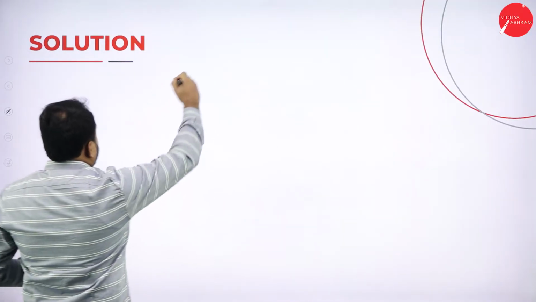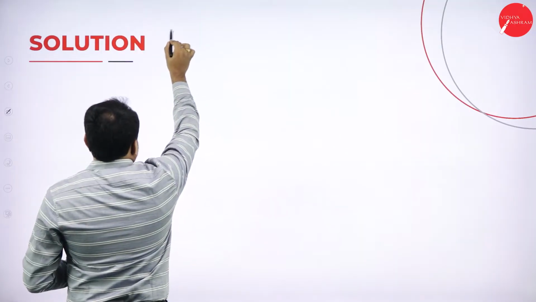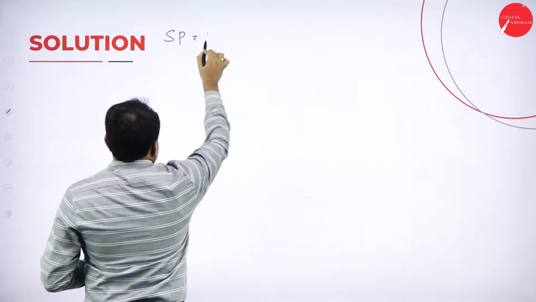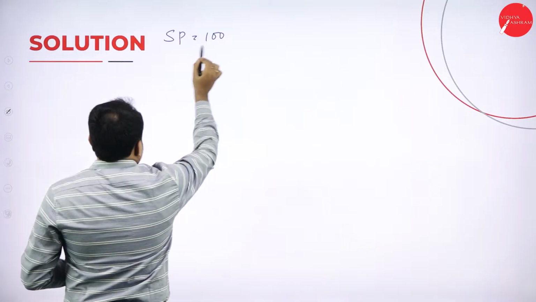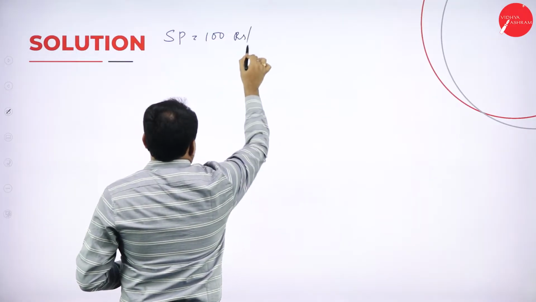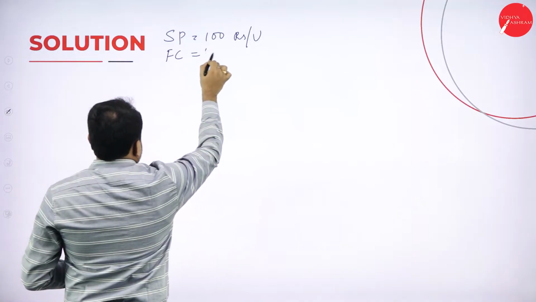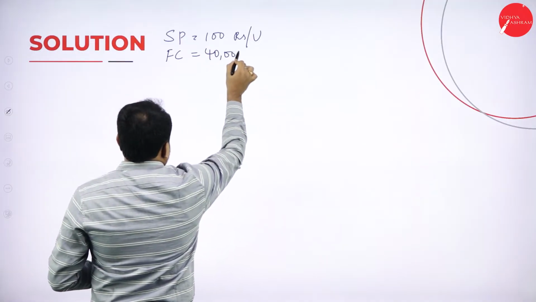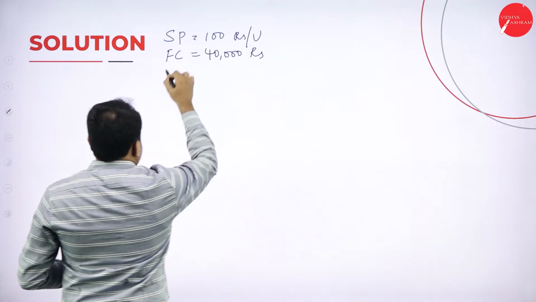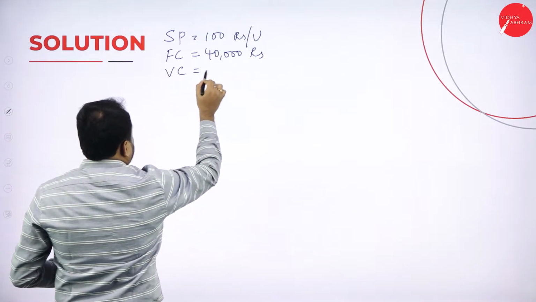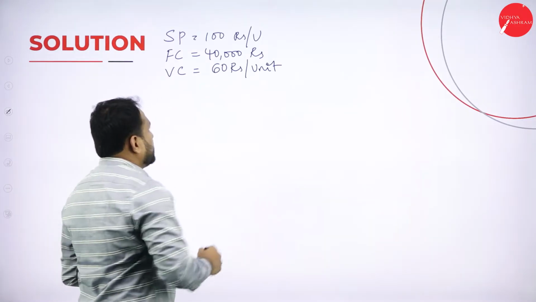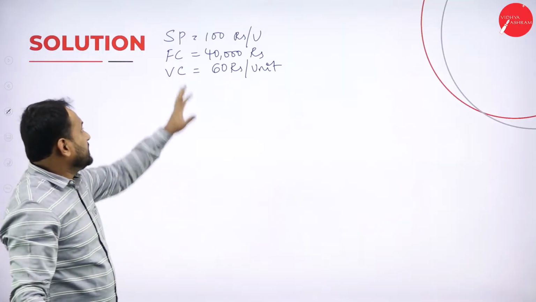We got to know that we have selling price is 100 rupees per unit. Then we have fixed cost, that is 40,000 rupees. Then we have variable cost is equal to 60 rupees per unit. Done.